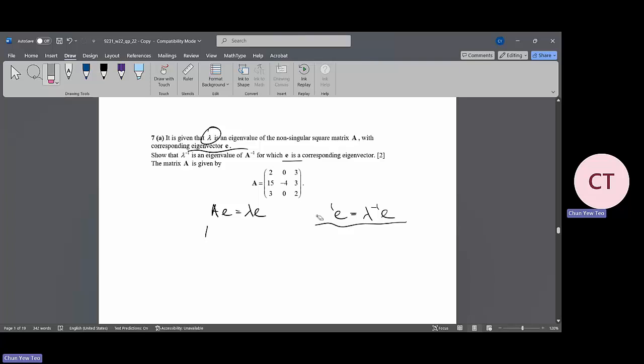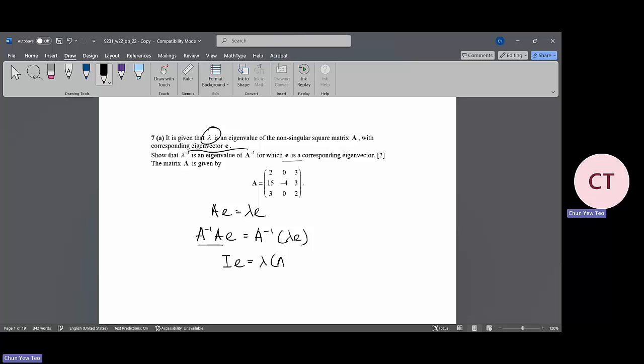So how to show this? We just need to multiply A inverse on both sides. We need to follow the rules correctly. A inverse and A will give you I. So this one you can actually make it like this. Okay, so you will get this.